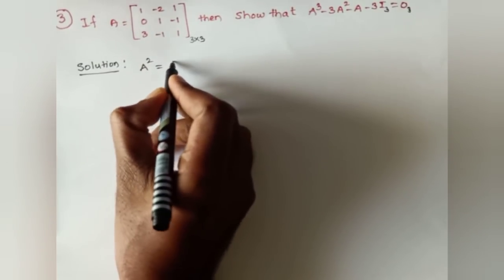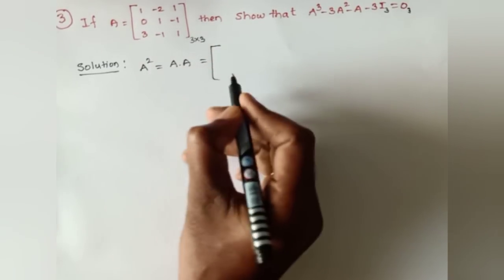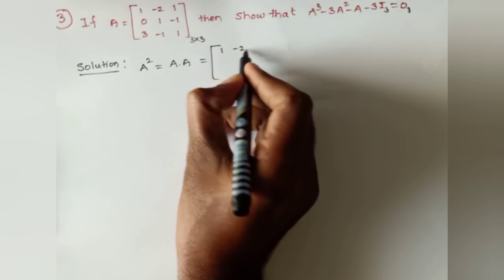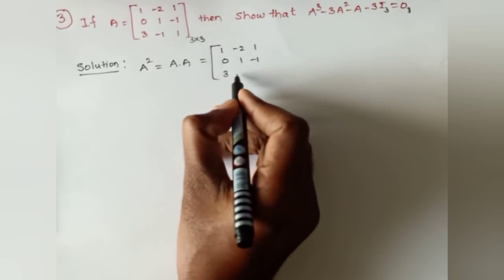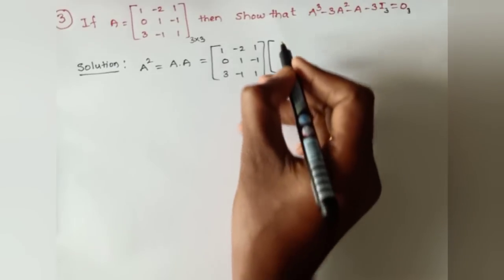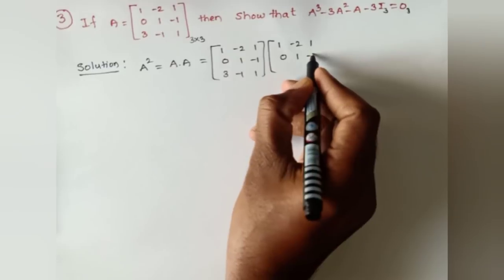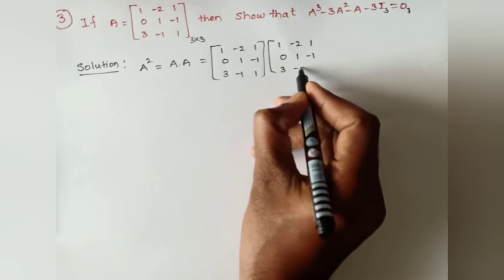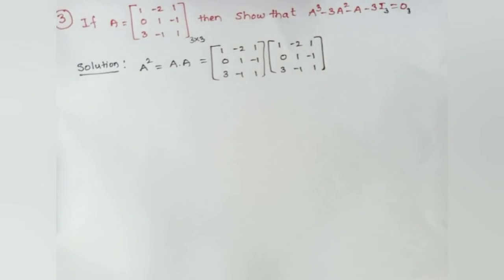A square is A into A. So this is the first A, 1 minus 2 1, 0 1 minus 1, 3 minus 1 1, into again 1 minus 2 1, 0 1 minus 1. Don't wait for the next step. Parallelly you can do the problem with me.